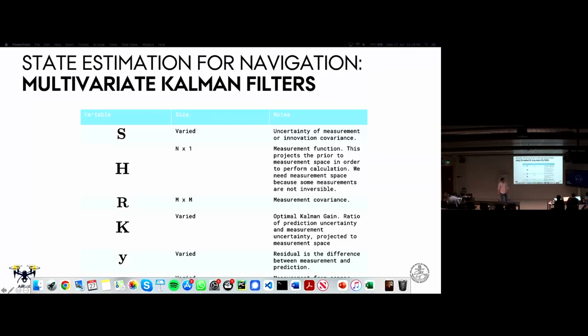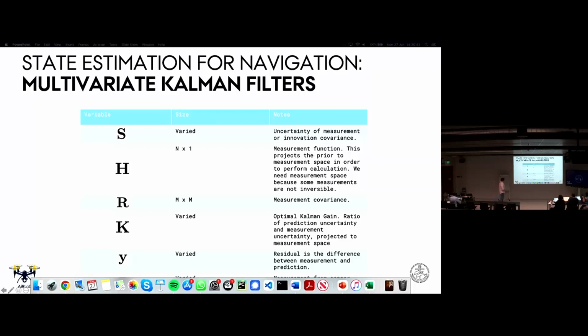For example, if you have a sensor reading that is only giving you range, like a sonar, you can't calculate the position from a range, mainly because you can't invert it. If the position is somewhere on a 360-degree circle of what the range could be, you can't really go back and see the position. So if you're not measuring things straight in your position space, this is something to consider as well.